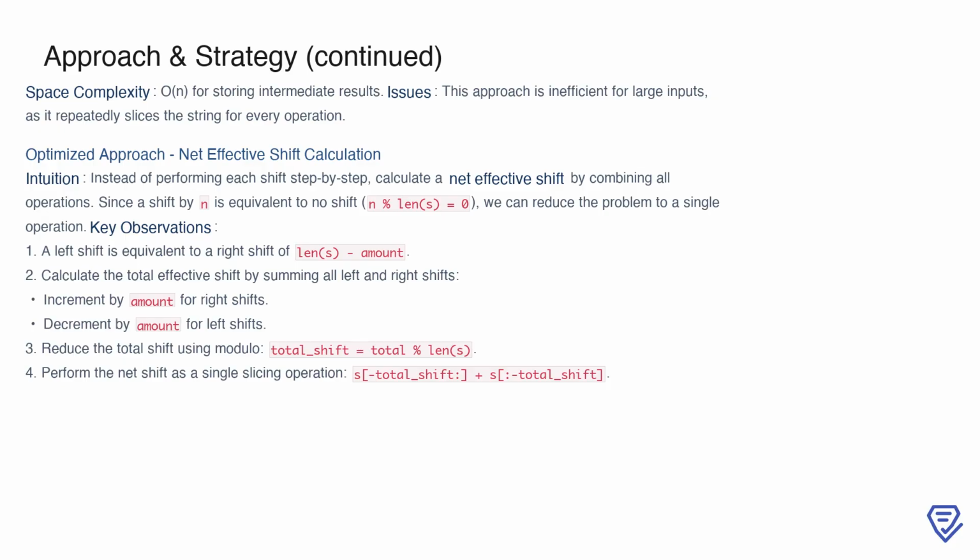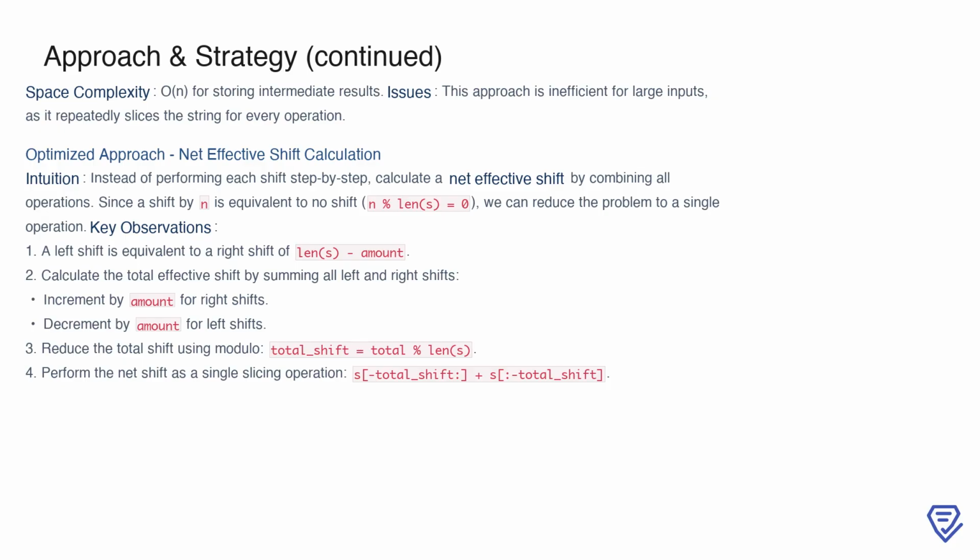This inefficiency leads us to explore an optimized approach, which focuses on consolidating all shift operations into a single, effective shift. The key realization here is that a shift by the string's length or a multiple of it results in no net change. By reducing the total shift using modulo arithmetic, we can compute an effective shift that combines all operations.